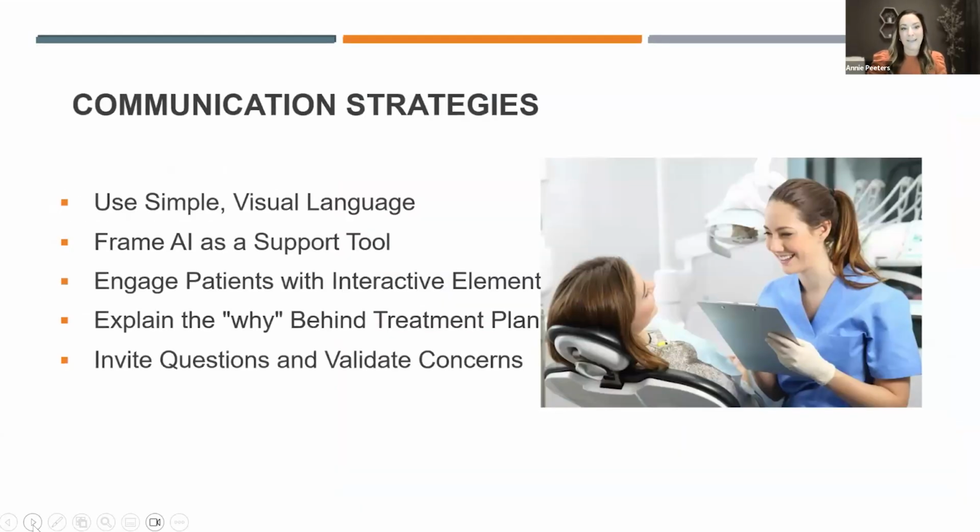You want to frame AI as a support tool. Okay, so make sure you emphasize that the artificial intelligence on that x ray is a second set of eyes. So we're not replacing your expertise, but enhancing accuracy and consistency. This is going to reassure your patients that decisions are thorough, right, and carefully checked. Engage with your patients.